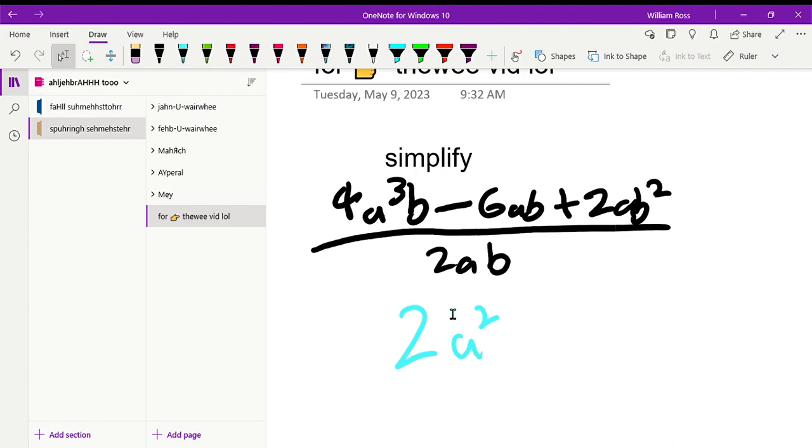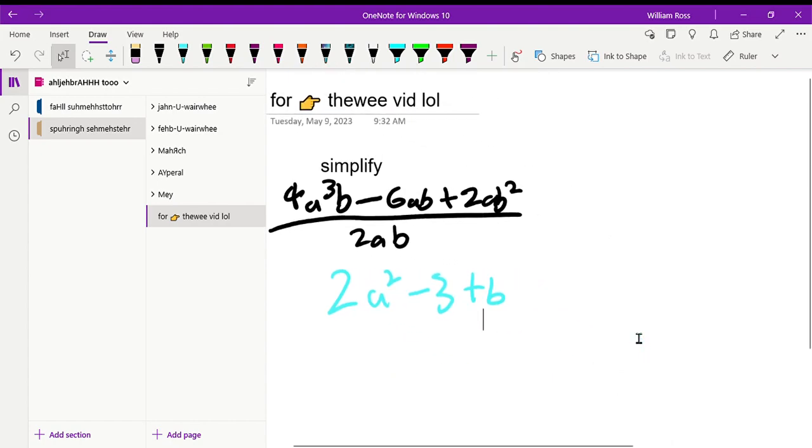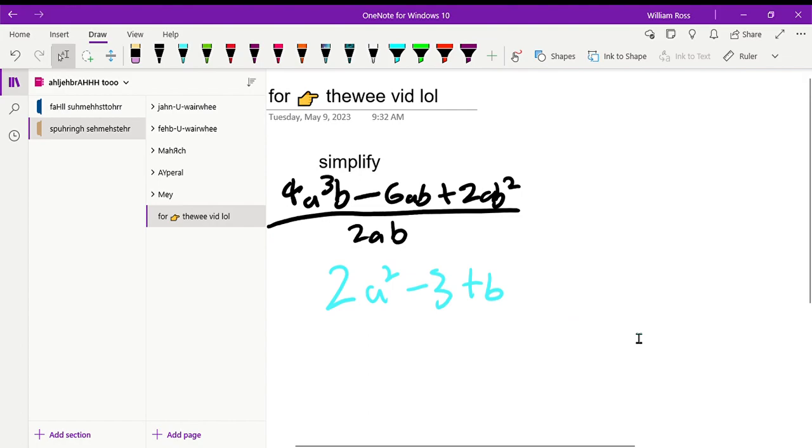Then as for negative 6ab, because the ab would cancel out, negative 6 over 2 would be negative 3. And then 2ab would cancel out, so then all you have left is b. So your final answer would be 2a squared minus 3 plus b. So yeah, simplify. That's simple.